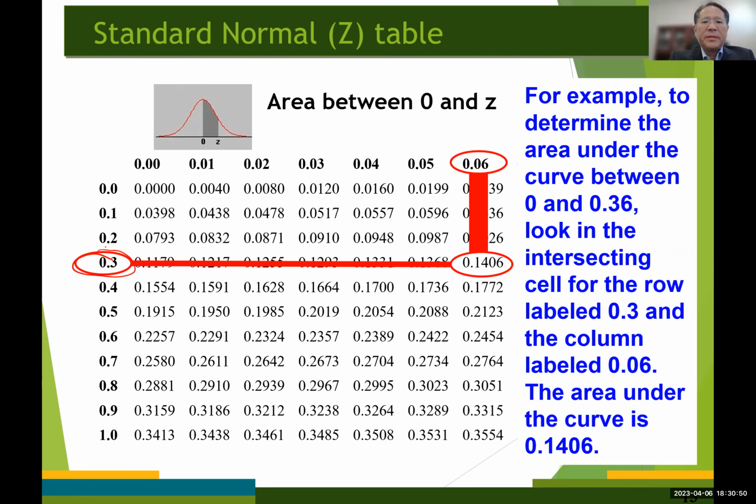And then the column labeled 0.06. And then the area under the curve is going to be 0.1406. So if this value is 0.36, then this area under the curve will give you the value 0.1406.